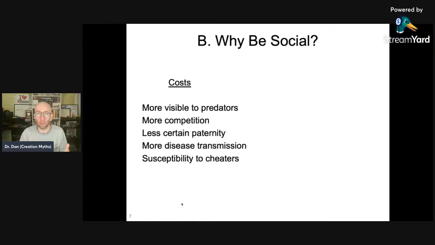You also have to deal with more competition. That's competition for resources, competition for mates, whatever the case is, right? If you're in a population, you just have to deal with more individuals around you, more competition. And depending on the specific context, there have been some studies looking at this.